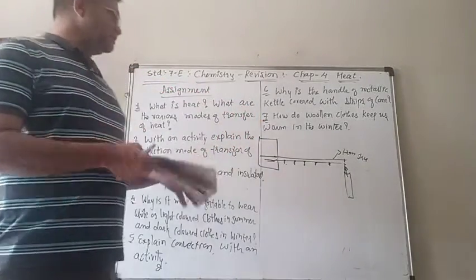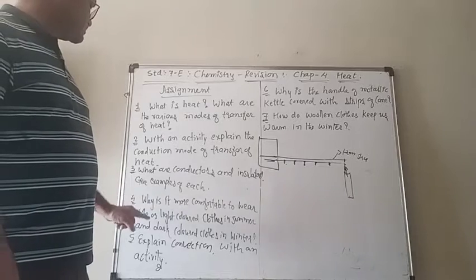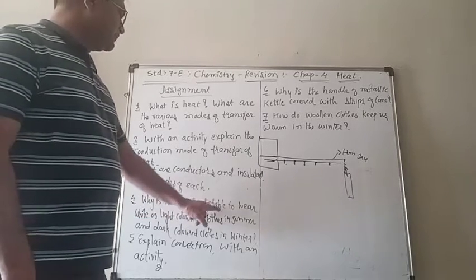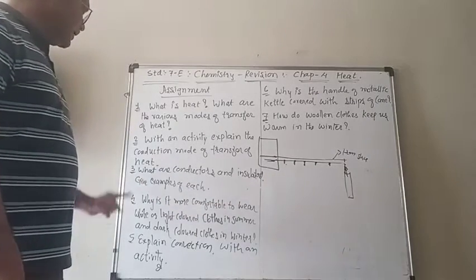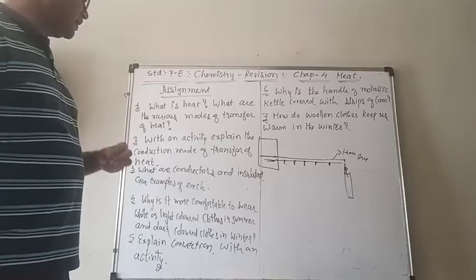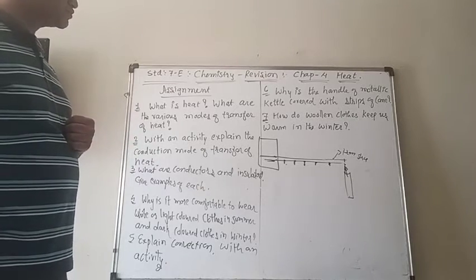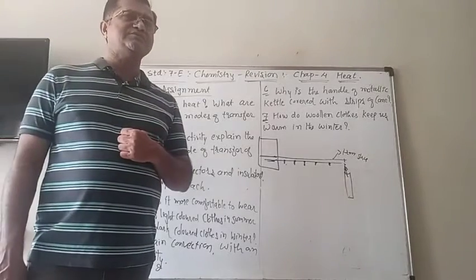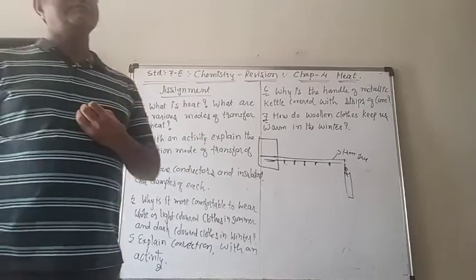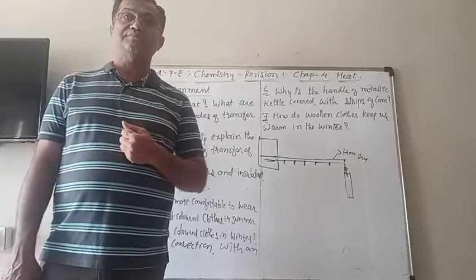So that is the thing about it. Now, why is it more comfortable to wear white or light colored clothes in summer and dark colored clothes in winter? So generally what happens? The heat is absorbed more by dark colors.